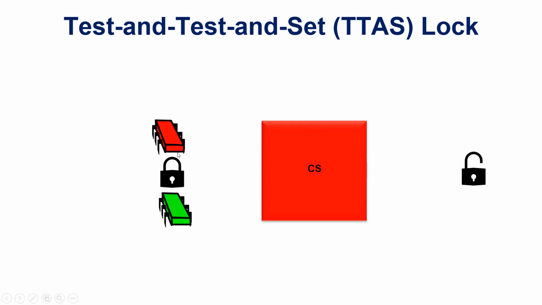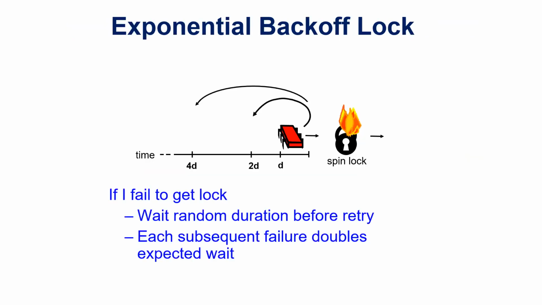So compared to the test and set lock, the contention is reduced. But whenever the lock becomes available, all the threads try to perform the get and set operation on that variable at the same time, which causes contention. To avoid that problem, we go with the concept of exponential backoff.